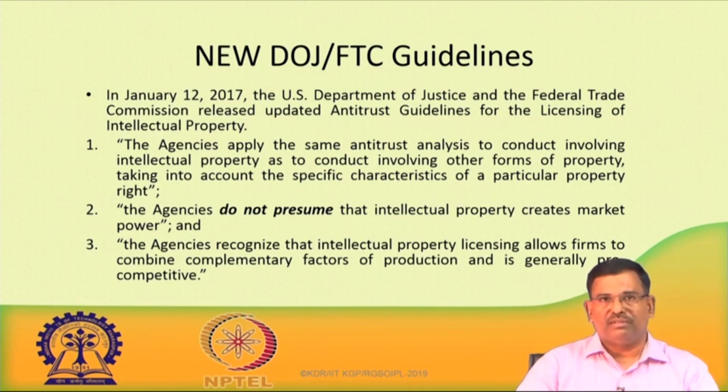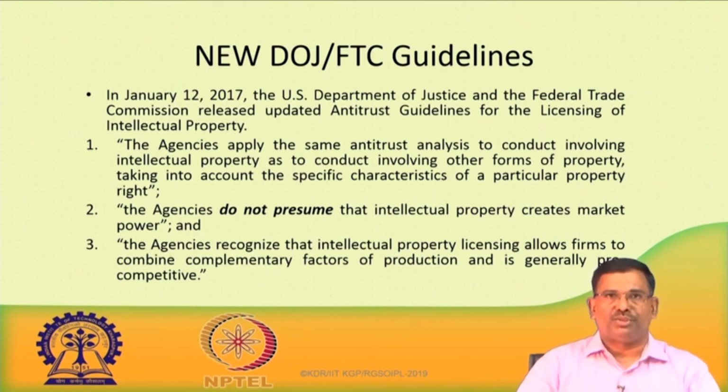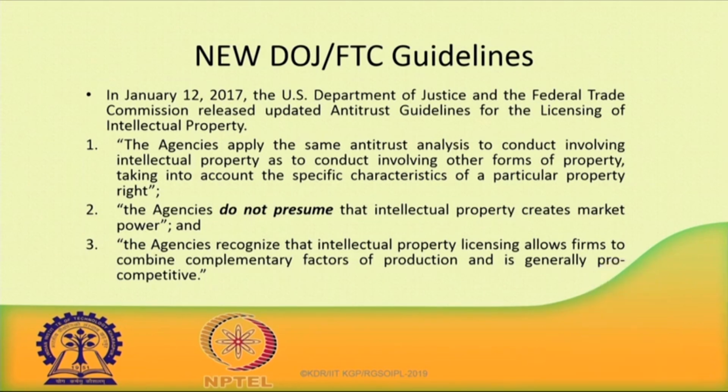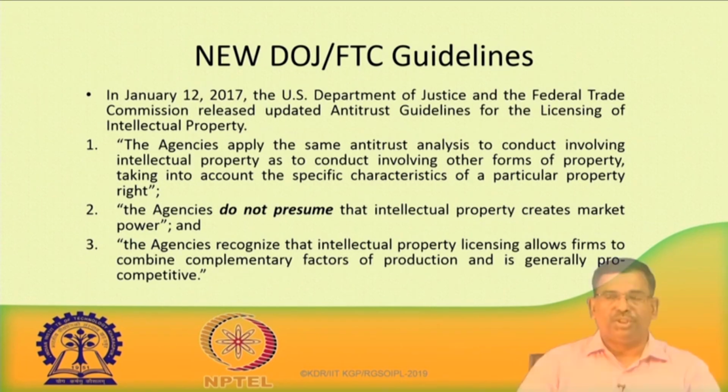According to the new case in 2007, the Department of Justice and the Federal Trade Commission issued new guidelines, looking into the new jurisprudence. They issued the new guidelines in 2017, which accepted these particular principles.